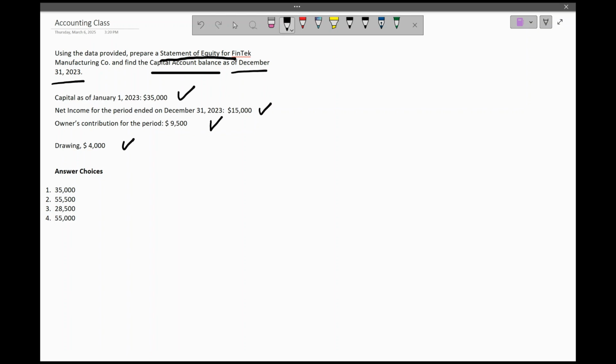But before we do so, we have to keep in mind that there are four financial statements. The first one is the balance sheet statement.